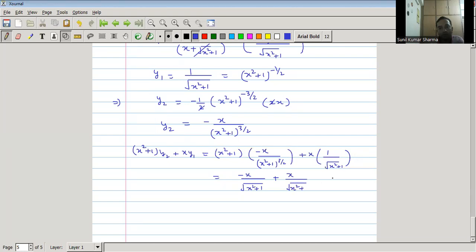So that is equal to 0. So we get the result. Right? So you can prove this by finding the value of y1 and y2, and then we try to put the values in the left hand side, and then we get the right hand side. This is one way.